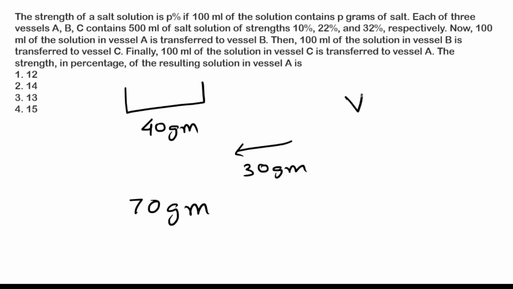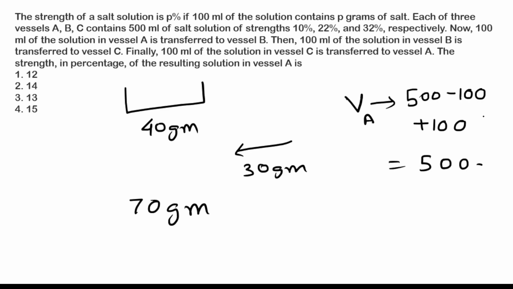And what is the volume in A? In the first step, we took out 100 ml from it, and in the last step we added back 100 ml. So it is 500 ml. Sorry, this is in ml, not gram. So for 500 ml we have 70 gram of salt.